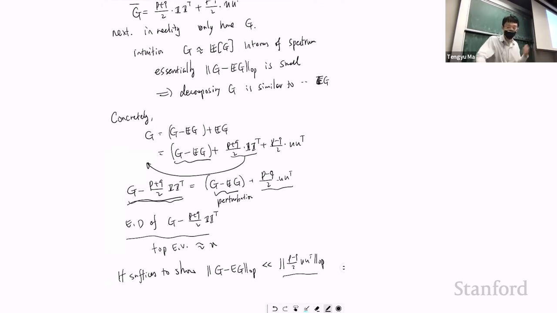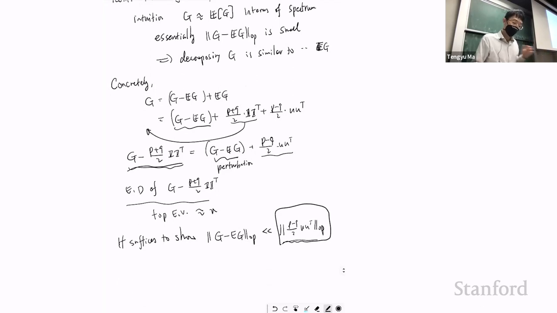I didn't really discuss any of the existing theorems, but essentially if you have this, you can prove that the eigenvectors of the sum of these two matrices are very similar to the eigenvectors of one of these matrices. This is called the Davis-Kahan theorem. I wouldn't have time to talk about all of this, but intuitively it makes sense: if the noise is small enough in terms of the operator norm, then you get the signal.